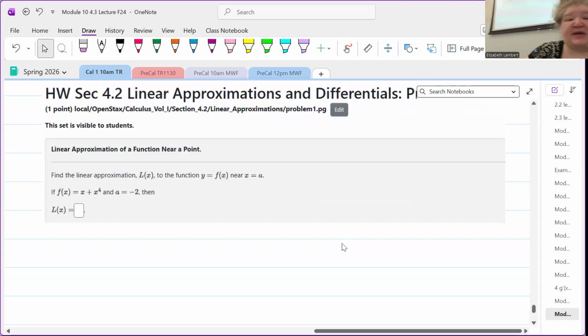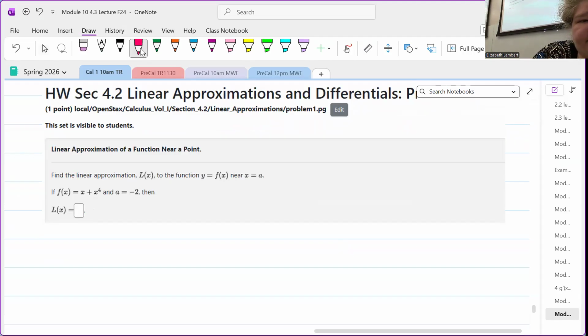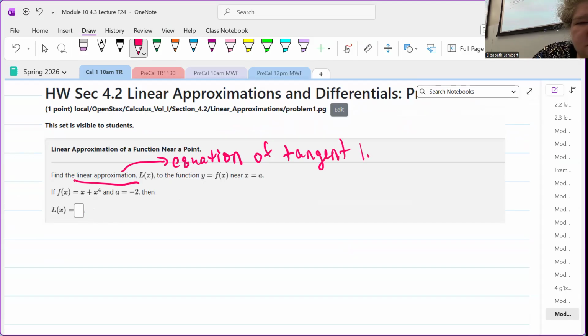So a linear approximation is just a really fancy way of saying find the equation of the tangent line. So to find an equation of the line, I need the point and I need the slope. All I have right now is an a value, but that is my x value.